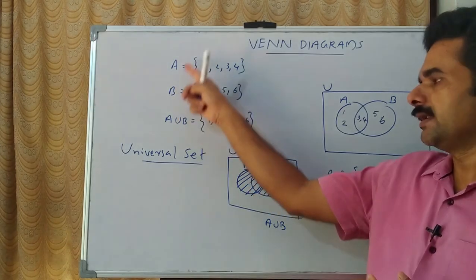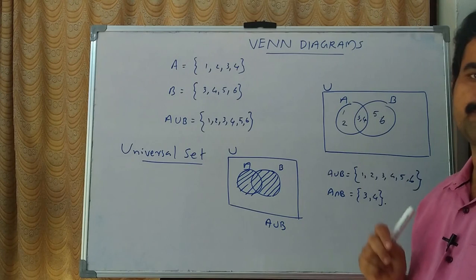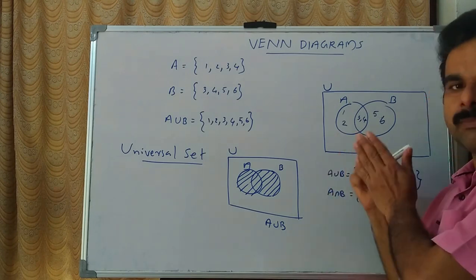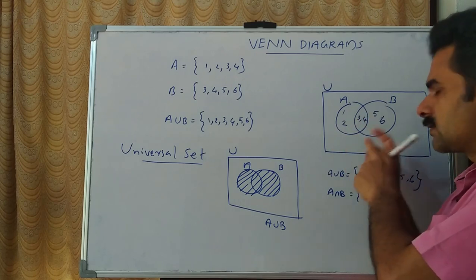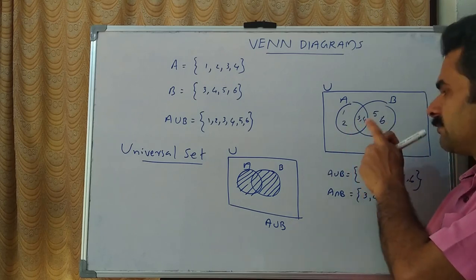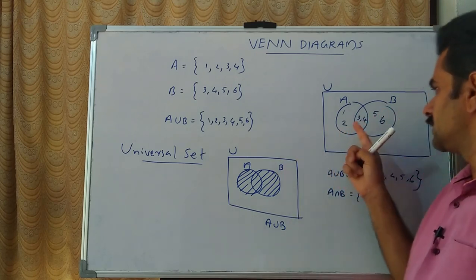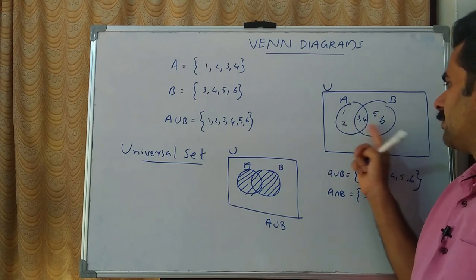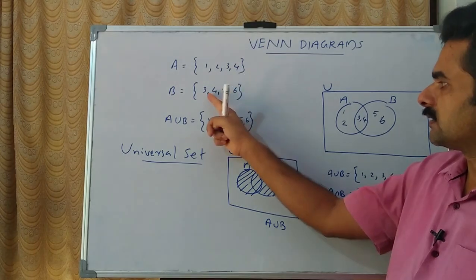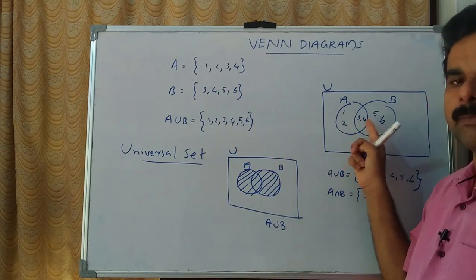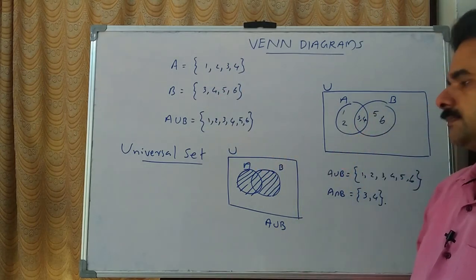Here A and B are given, so A and B are drawn. We must draw these two sets as circles in overlapping mode, because A and B have a common part, 3 and 4, isn't it? So 3 and 4 are written in the common part, which is the intersection.